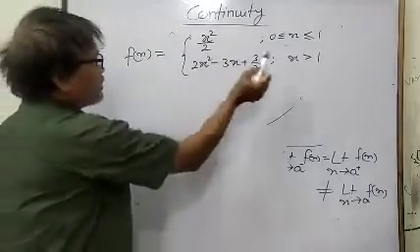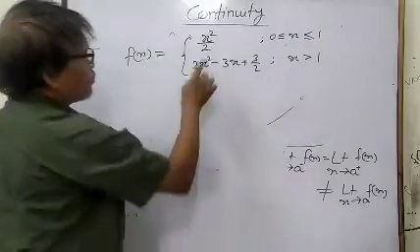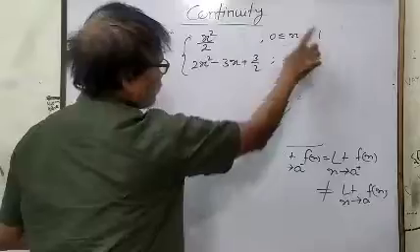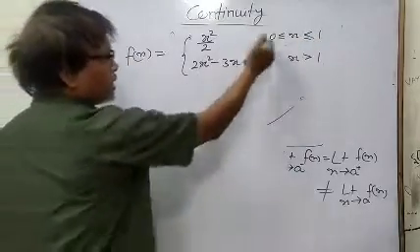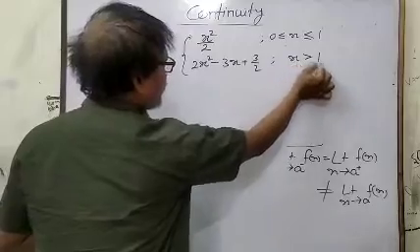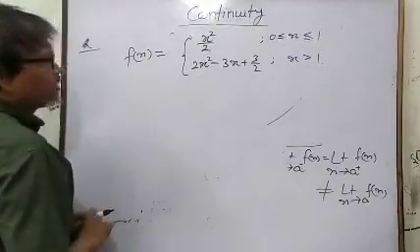First of all, what is the meaning of this? This shows we take this function when x lies between 0 and 1, means less than 1 and greater than 0. This function we will take when the value of x is greater than 1.